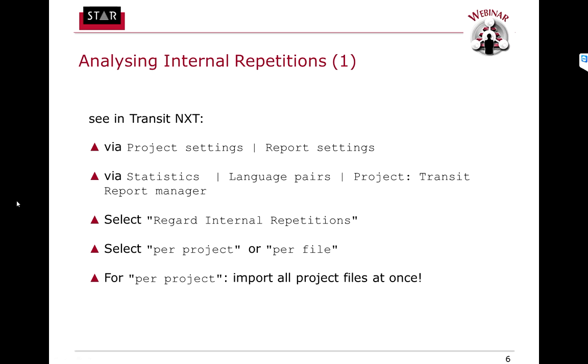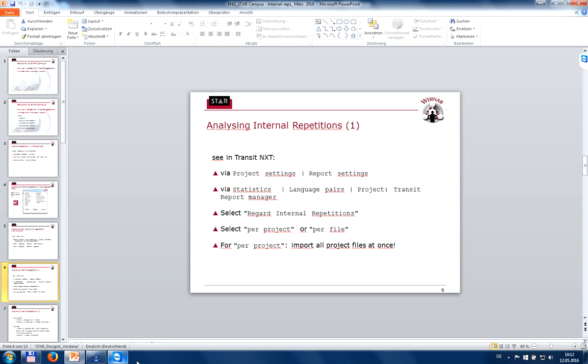You can select regard internal repetitions, and you can select per project or per file. So Transit regards internal repetitions either for the whole project or for each file separately. And if you choose per project, you have to make sure that you import all project files at once. Now let's have a look at Transit.